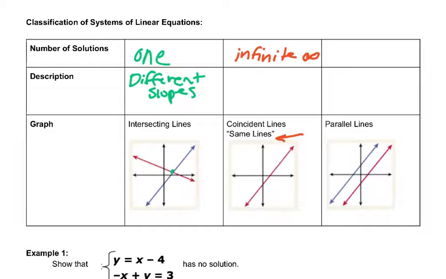Infinite solutions are going to come when the 2 equations have the same slope, and also when they have the same y-intercept. And then what we're going to be talking about a little later, we're going to have a true statement.